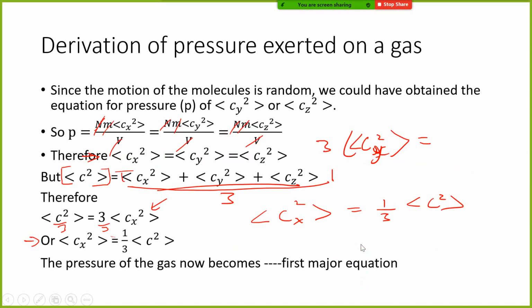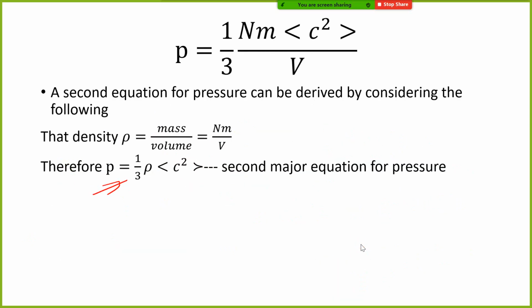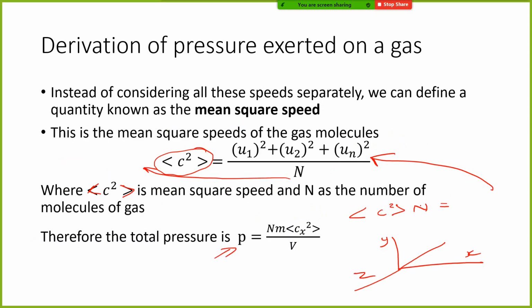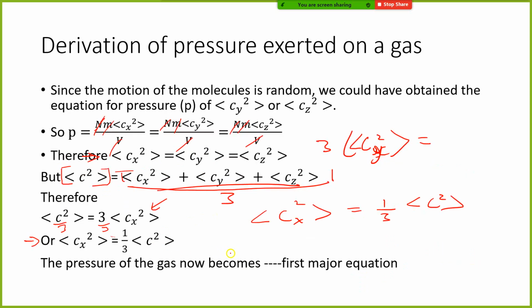For that reason, we're going to substitute. Just a while ago, we found out that the mean square speed for the x-axis was 1/3 of this.